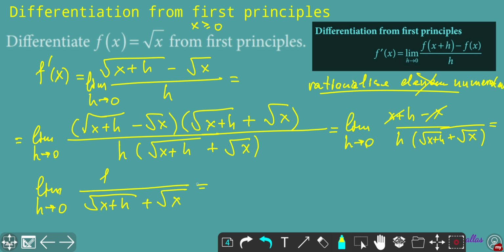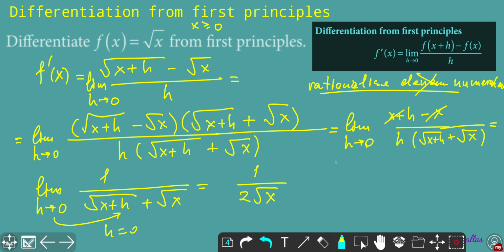So finally, taking the limit, there is nothing to spoil it, you plug in h equals 0. That won't violate your equation, so you simply plug in h equals 0. That's the final transition here, and you'll get 1 over 2 square root of x.